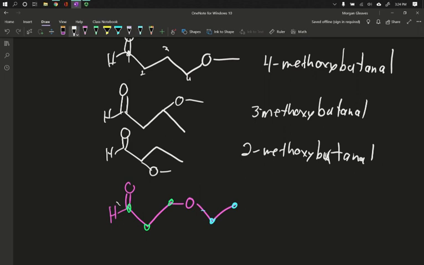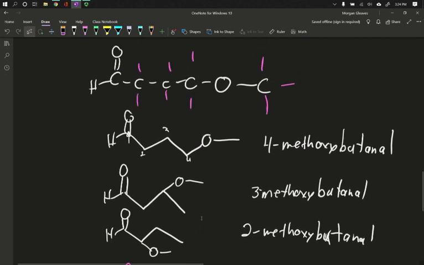Our hydrogens, there's 1 to start with. 2, 3, 4, 5, 6, 7, 8, 9, 10. Still works. In this case, it's a propanal. And on the third position, there's a 3-ethoxy. And you could make a 2-ethoxy.